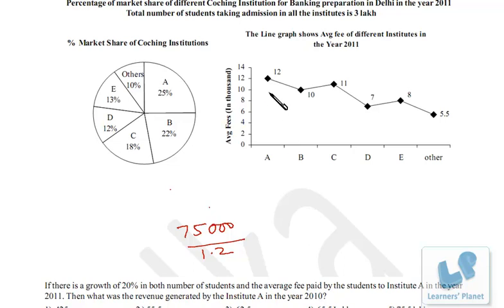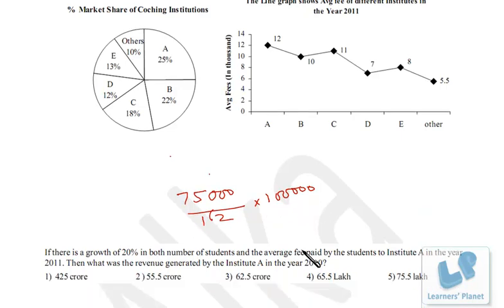That means obviously in year 2010 the fees would have been 10,000 since there is a 20% rise in fees as well. Okay, so this is precisely the revenue of this Institute A. So it's 12 6s are 72, 20, 12 2s are 24, 6, 5, 0. So it's 6250. Your initial figures must be 625. So that's this option. Okay, I hope you are clear.